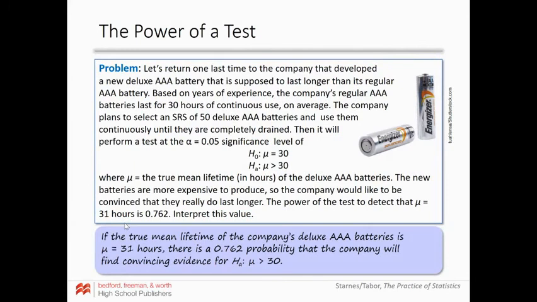We interpret power this way: if the true mean lifetime of the company's deluxe AAA batteries is 31 hours, there's a 0.76 probability that the company will find convincing evidence for HA, which is mu greater than 30.